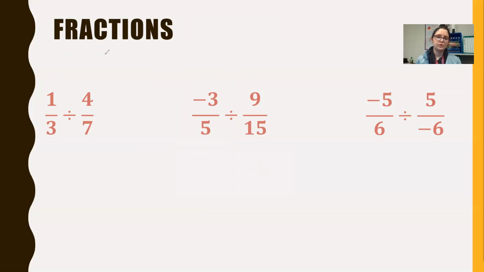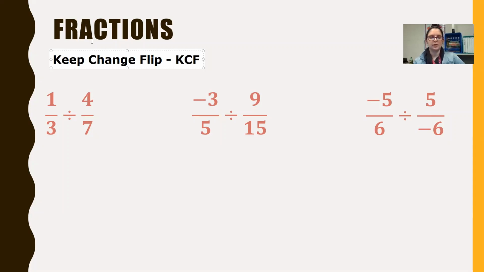So remember that when we divide fractions, we use the letters keep, change, flip. Or we use the words keep, change, flip. We also call this KCF. This is how we change a division into multiplication for fractions.